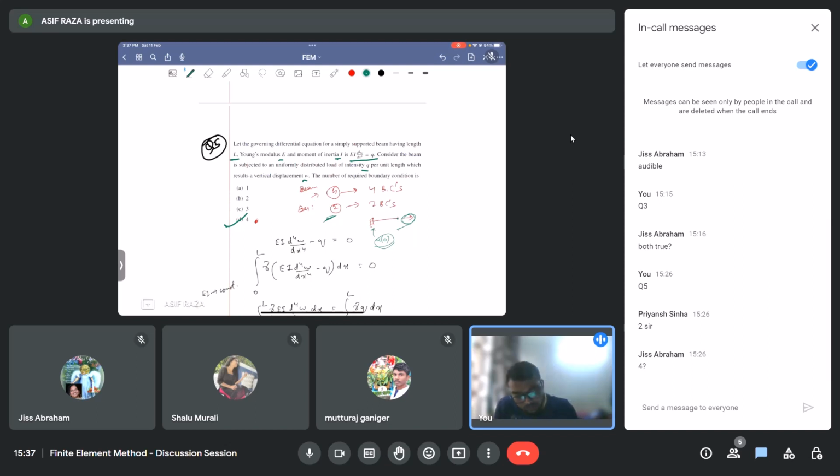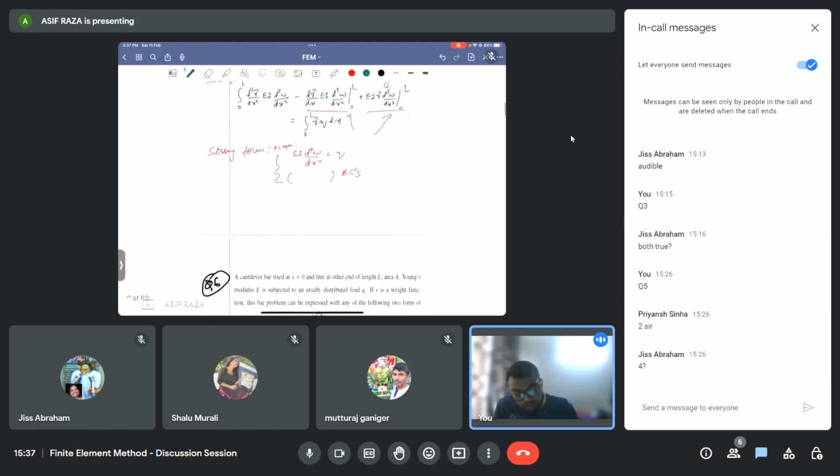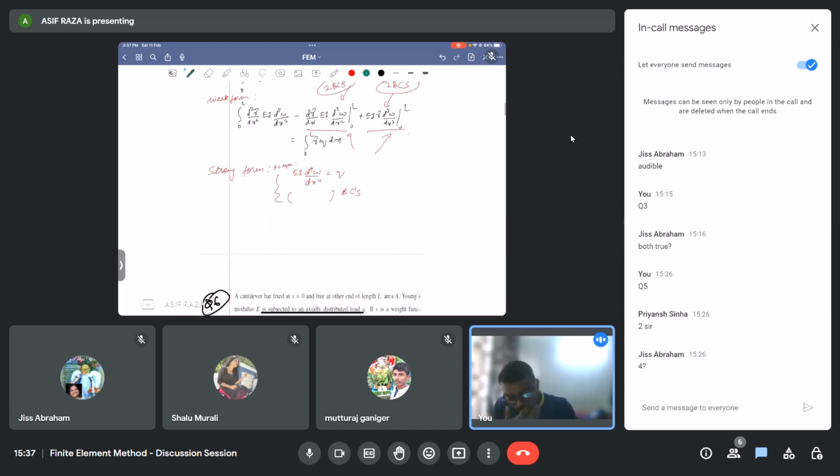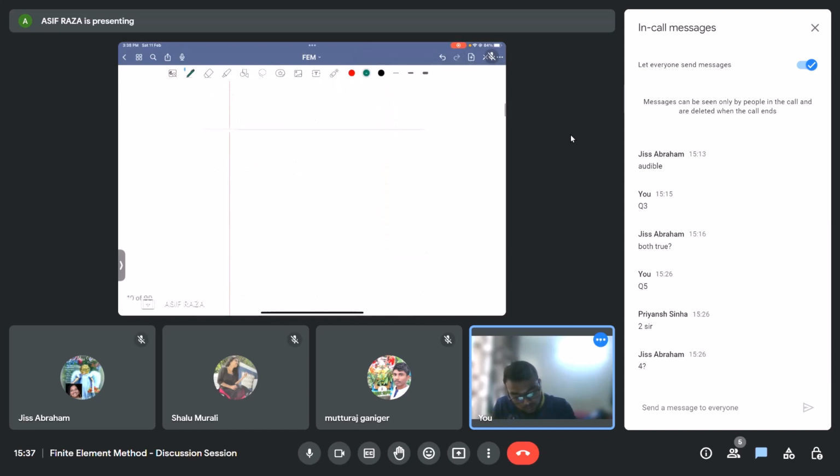So in this question, if I ask what will be the order for my Dirichlet boundary conditions, if my field variable involved is W, then as you said there will be two each.